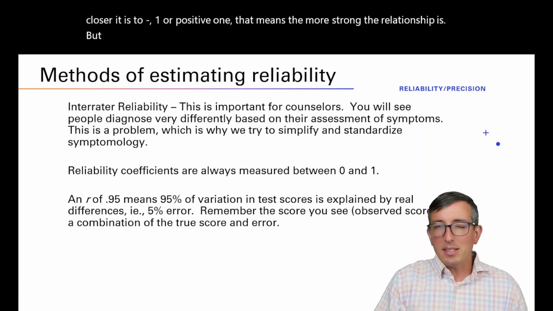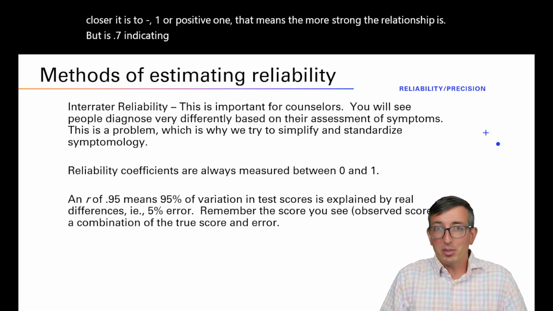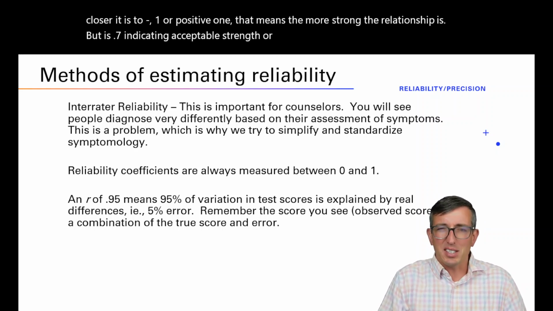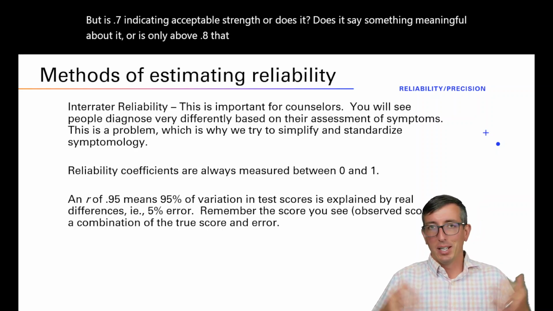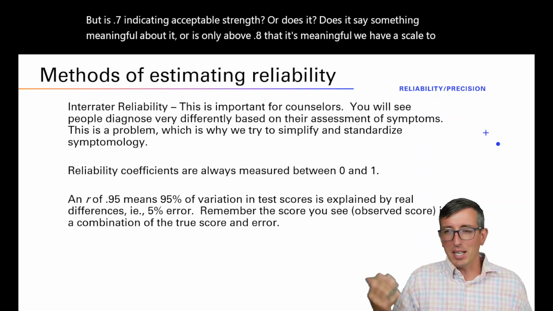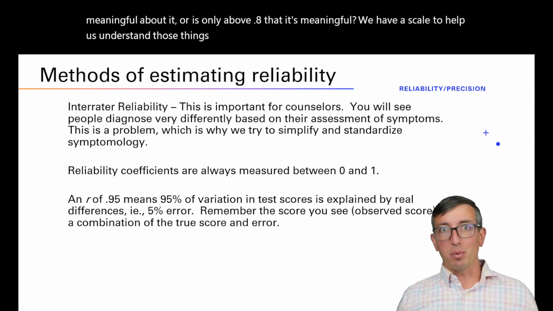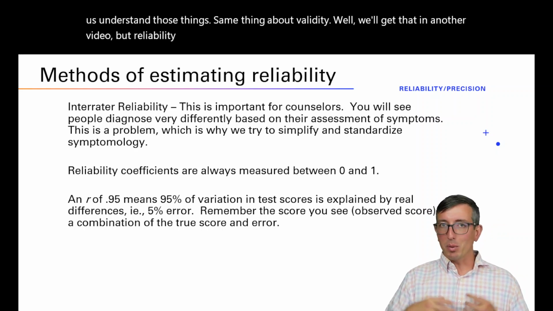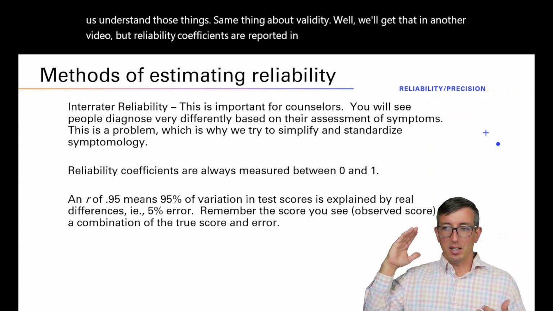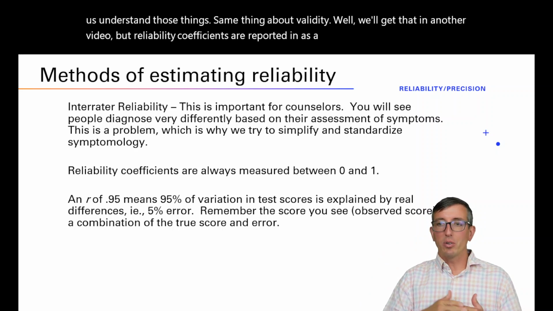But is 0.7 indicating acceptable strength, or is it only above 0.8 that it's meaningful? We have a scale to help us understand those things. Same thing about validity. You'll get that in another video. But reliability coefficients are reported as a measurement between 0 and 1.